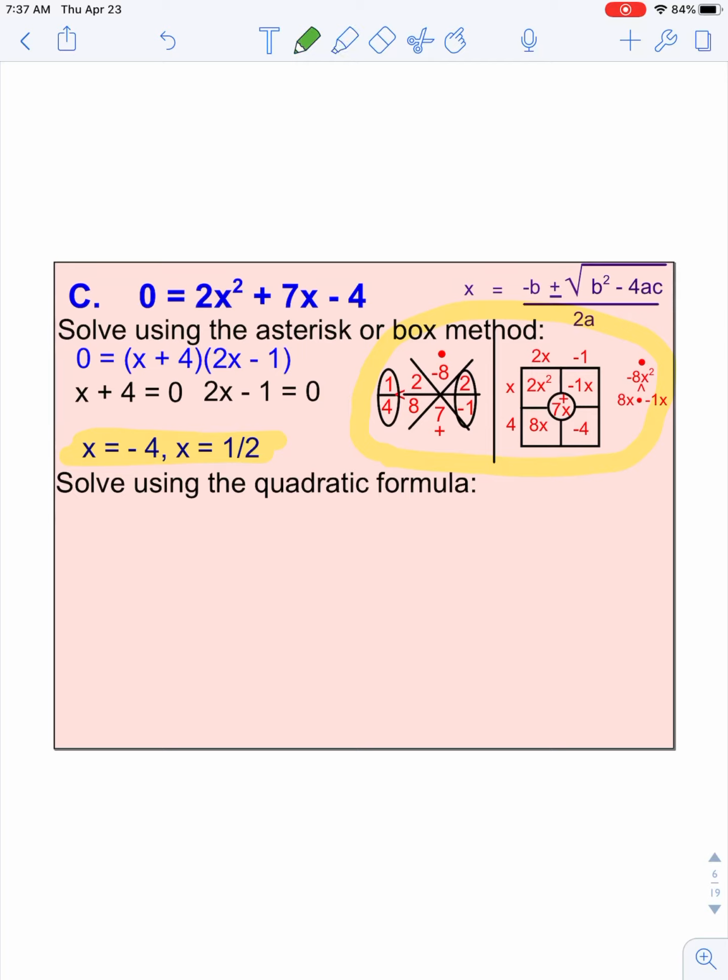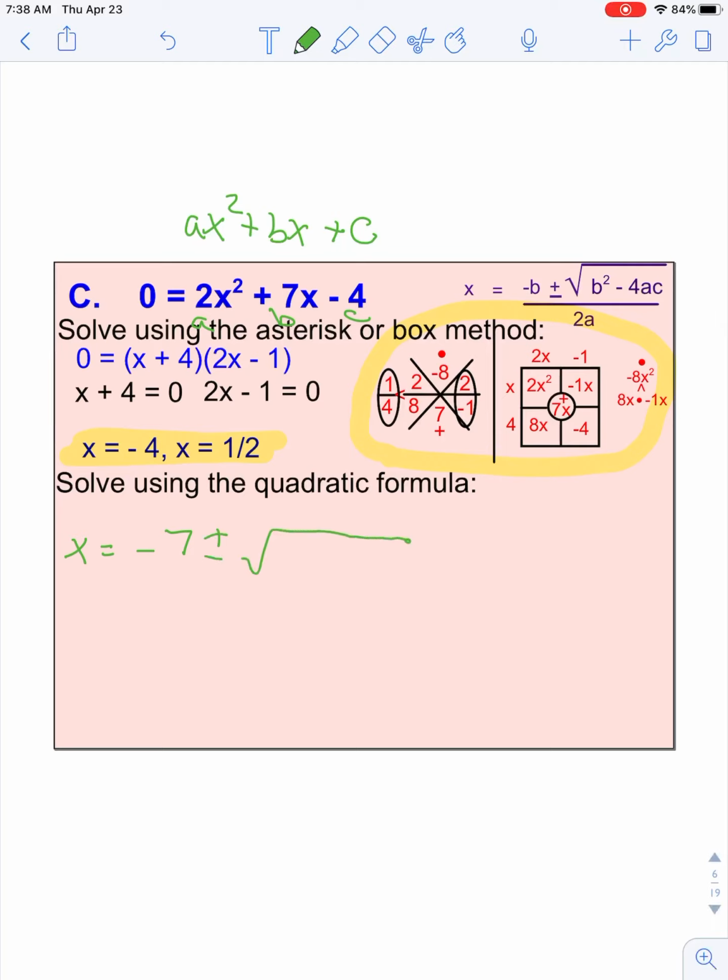So again, our quadratic formula, we have to remember that we have ax squared plus bx plus c. And our a right here is 2. Our b is 7, and our c is -4. So x equals negative b. Well, here b is positive, so we just have -7 plus or minus the square root.